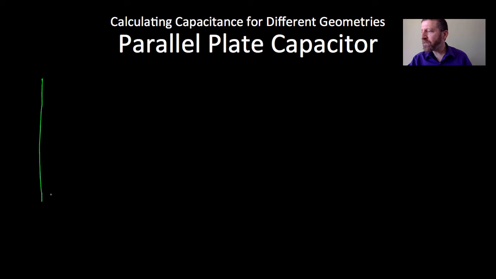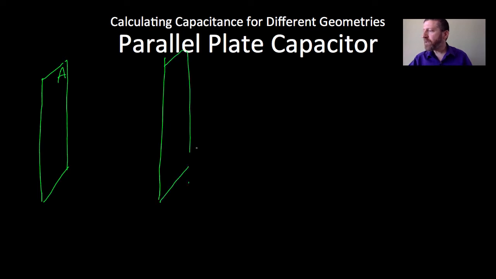What I've got is a plate of area A, and I've got its other plate right over here. They're a distance D apart, D from there to there.